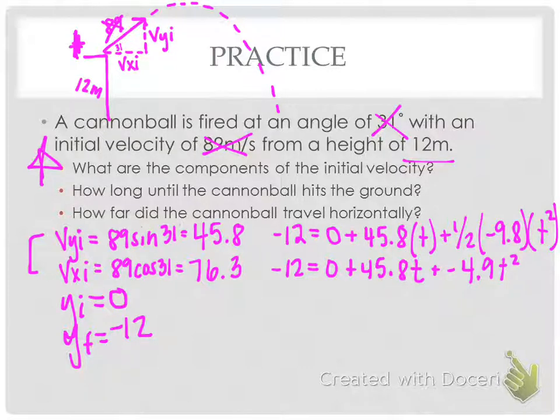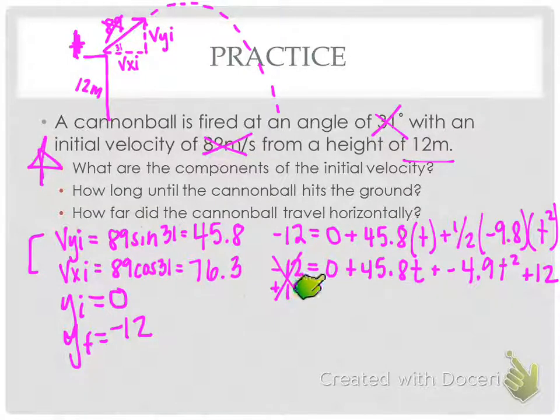When we set up our terms, what do they need to be equal to? 0. Right now we have everything set equal to negative 12. That's not going to work, so we need to add 12 to the other side. Does that make sense to everybody? We have to set our quadratic equation equal to 0.